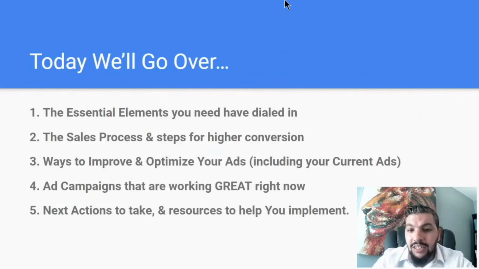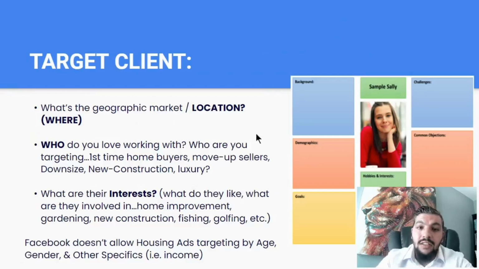Okay, so let's get into the essential elements, what you're probably really here for. The first thing, and I'll just jump right in, is your target client. You need to identify your target client, and I'm going to be more specific to Facebook ads and to housing.